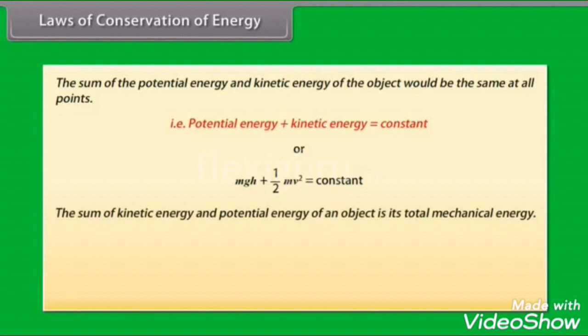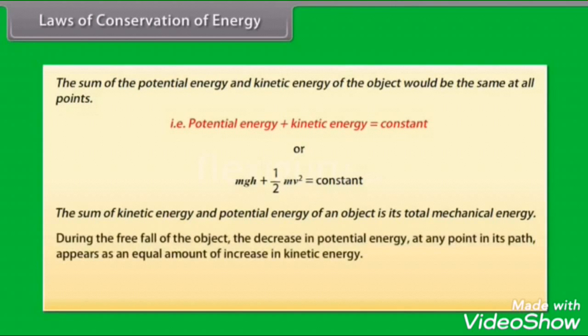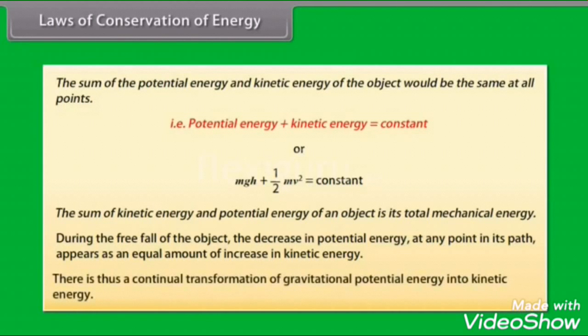The sum of kinetic energy and potential energy of an object is its total mechanical energy. During the free fall of the object, the decrease in potential energy at any point in its path appears as an equal amount of increase in kinetic energy. There is thus a continual transformation of gravitational potential energy into kinetic energy.